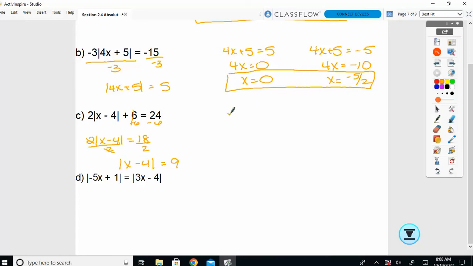And then at this point, you set it equal to both positive 9 and negative 9 to solve. So if we add over the 4, we get x equals 13 and negative 5.